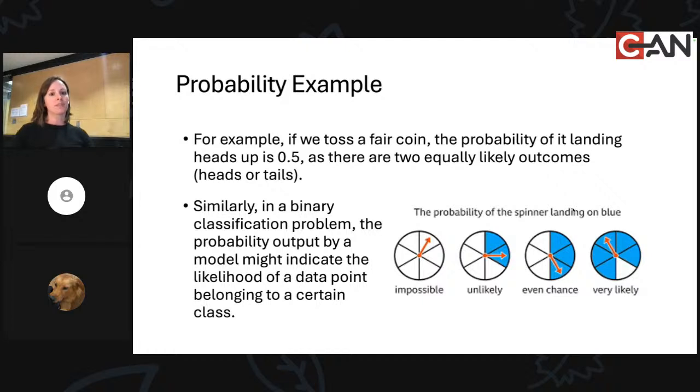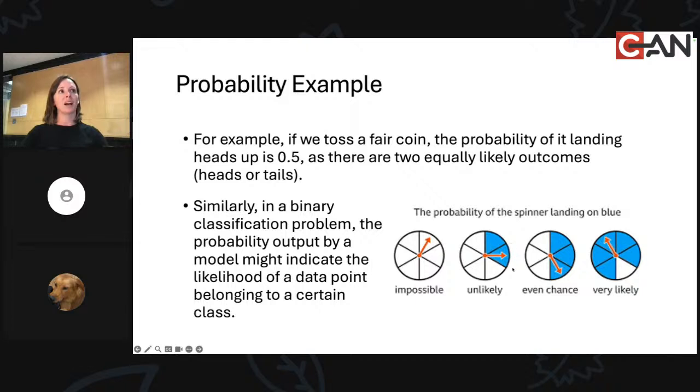So in terms of likelihood, here's a visual representation that might be helpful in understanding our models. And remember, this gets back to the idea that all models are wrong, but some are useful. When we think about a probability of 0, that's the impossible section here, so none of it is filled up.